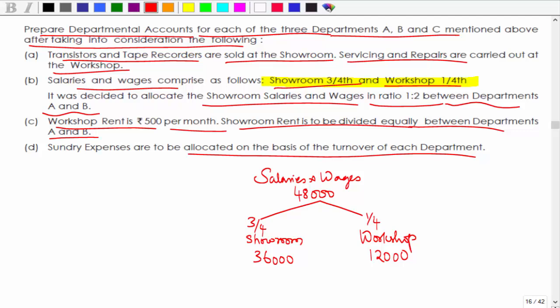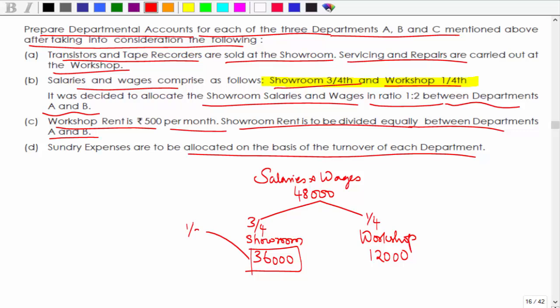It was decided to allocate the showroom salaries and wages in the ratio of 1:2. That is, the 36,000 meant for showroom has to be distributed between Departments A and B in the ratio of 1:2.